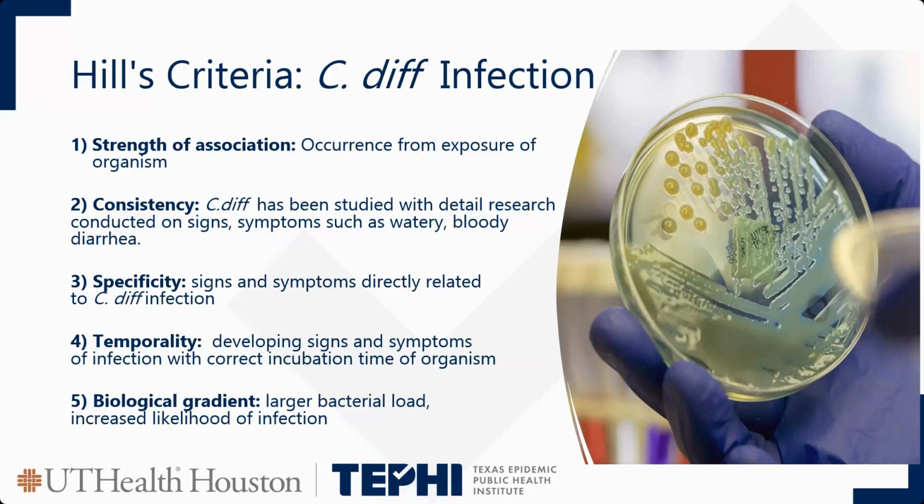So let's say the patient has been admitted for 5 days. So exposure must have occurred before the incubation time, which is 2 or 3 days, before they started showing signs and symptoms of C. diff. Biological gradient. A larger bacterial load will lead to an increased likelihood of infection.